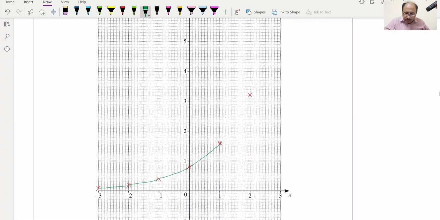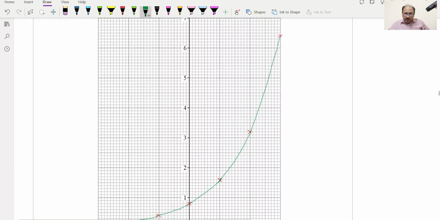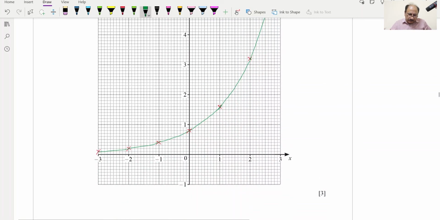And next we can draw like this over here, and the next one is to join like this. So hopefully it is done. It's smoother, I think so. Everything is fine now.